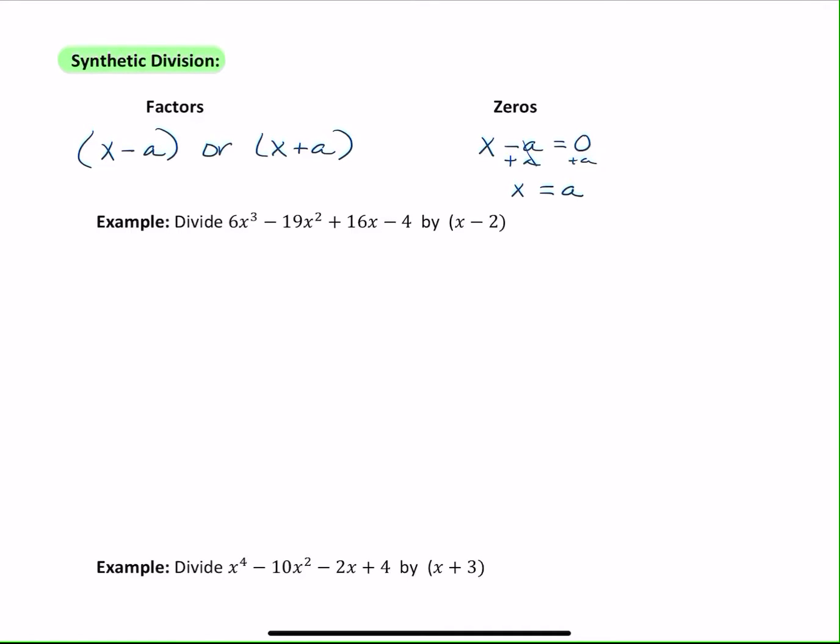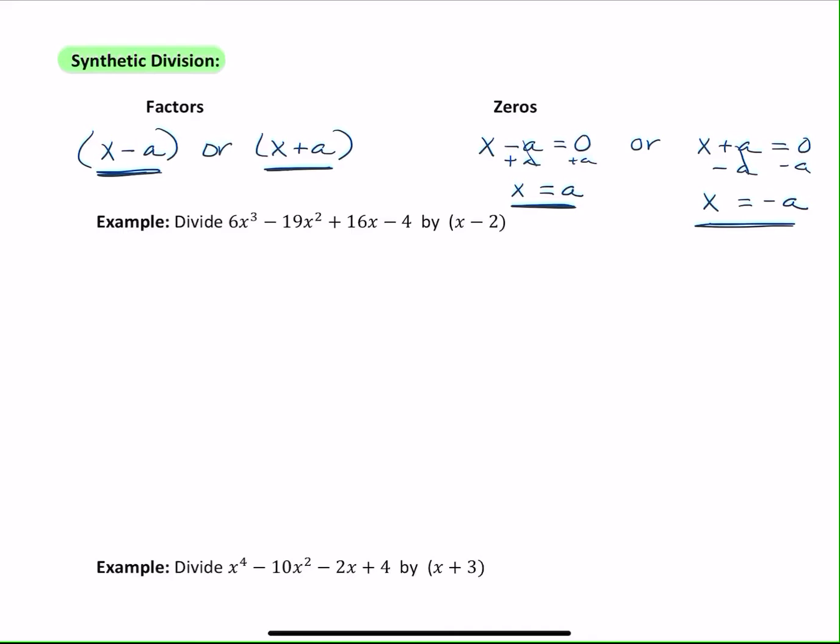So x minus a as a factor is the same as x equals a as a 0. Or vice versa, if I have x plus a as a factor, I'm going to subtract a from both sides, and that will give me x equals negative a. So x plus a as a factor is the opposite sign as a 0 because you're moving it to the other side.